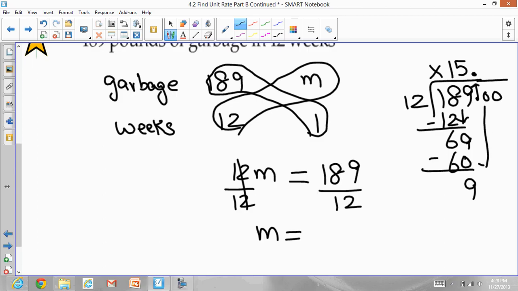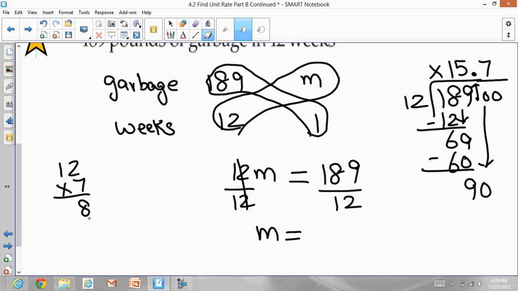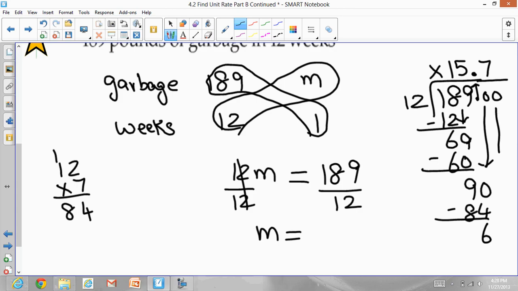Bring the 0 down. 12 goes into a 90 7 times. 12 times 7 is, 7 times 2 is 14. 1 is a carryover. 7 times 1 is 7 plus 1, 8. So that will be 84. 90 minus 84 is 6. Bring the last 0 down. 12 goes into a 60 5 times. 12 times 5 is 60.